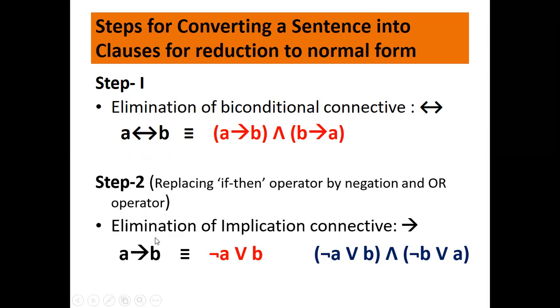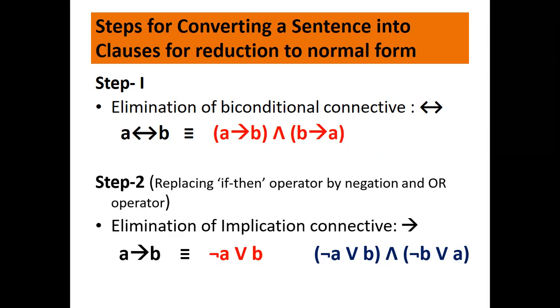We are eliminating the implication by making it not A or B. So this is identical to this. So implication is eliminated. Similarly, if I want to remove implication from this statement, then this is what I'll get. Instead of A implies B, I'll simply make it negation of A or B, and the remainder stays as it is, again negation of B or A. Is it clear? Step 2.